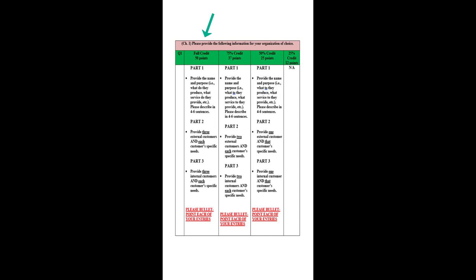Like I said, this is from the assignment set 1 rubric for question set 1. The very first one is to give me the name of the organization, and provide the purpose, what they do, what they produce, and so on. Provide 3 external customers and each customer's specific needs. Provide 3 internal customers and each specific customer's needs. Please bullet point each of your entries.